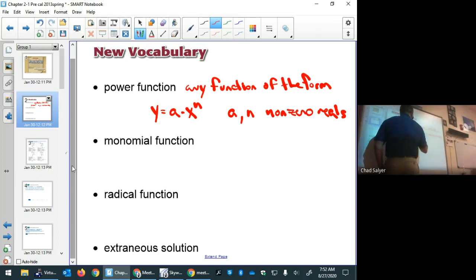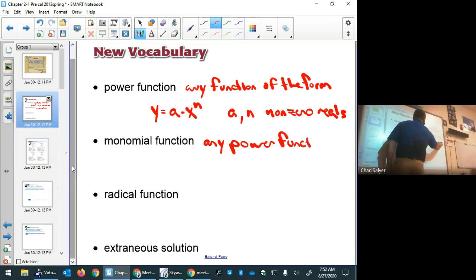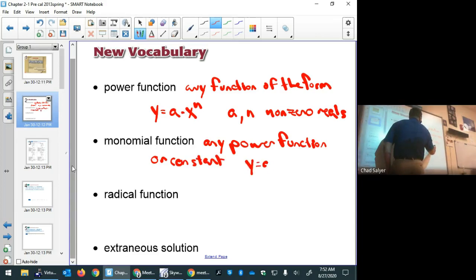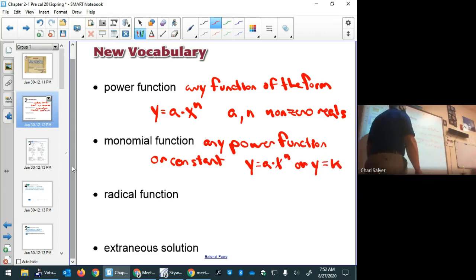A monomial function is any power function or constant. In other words, y equals a times x to the n, or y equals k, where k is some constant value.